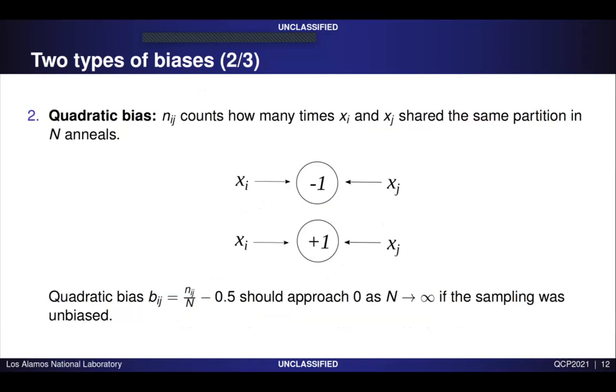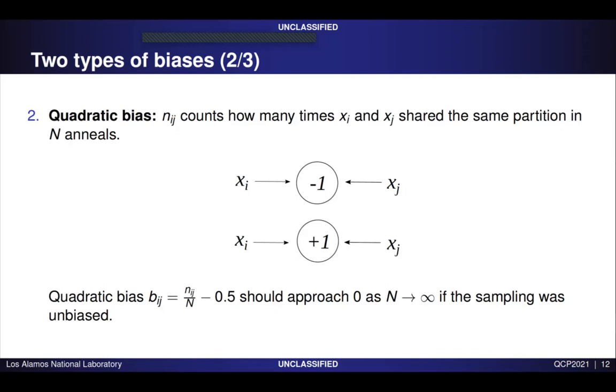The second is quadratic bias. Similarly to linear bias, if no objective is present, we would expect the proportion of samples where the variables xi and xj are in the same partition, i.e. they are both -1 or 1, to be 0.5. Thus, the quadratic bias measure for a variable pair, xi and xj, is the proportion of anneals where xi and xj are in the same partition, minus 0.5.